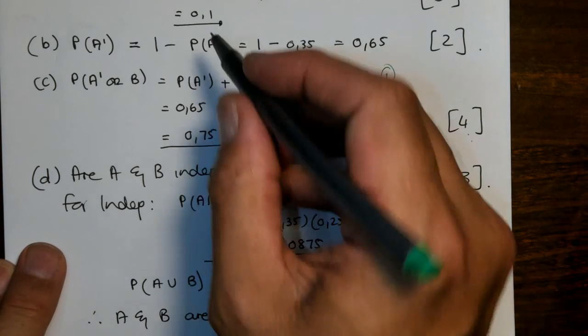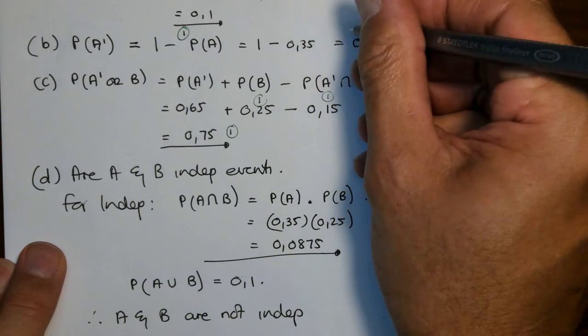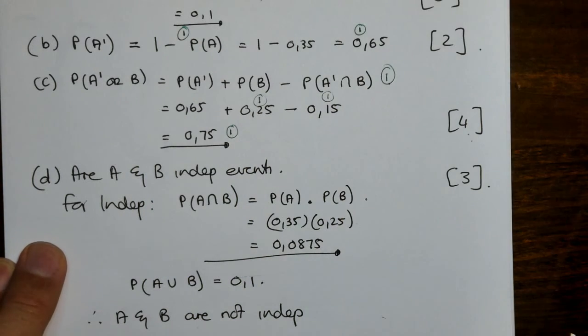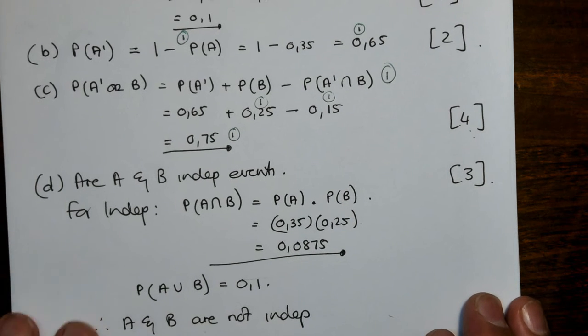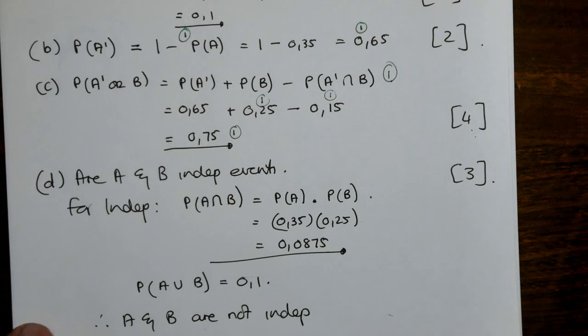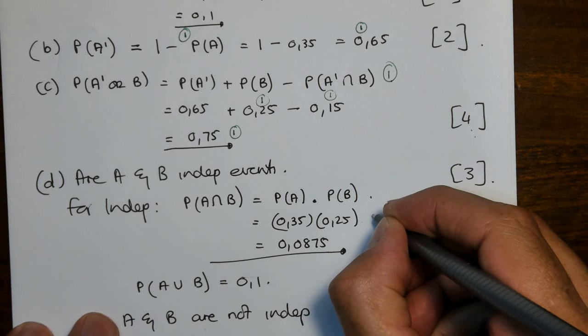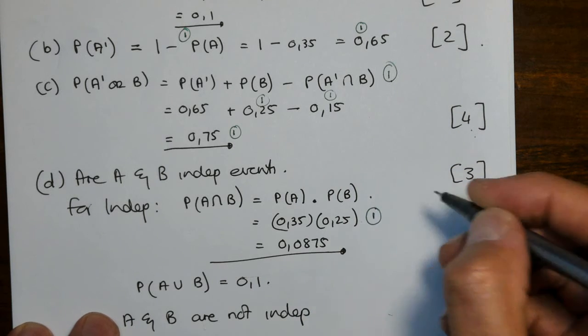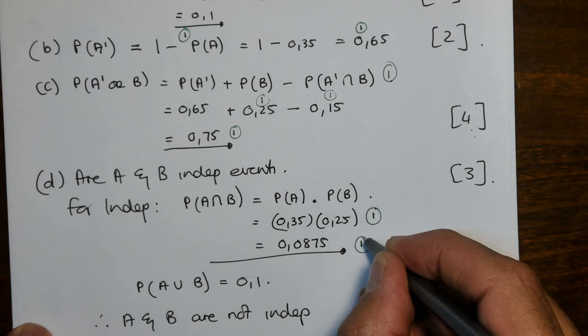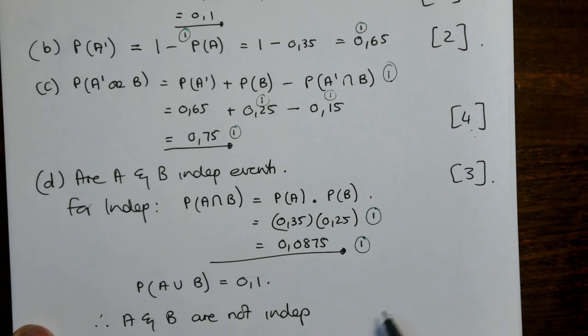The probability here was 1 for the rule and 1 for the answer. It's really just plug and play, if you wish. And then the last one, you got a mark for calculating this probability correctly, a mark there, a mark there, and then the last mark was for the interpretation. Those two are not giving you the same thing, so the events are not independent.